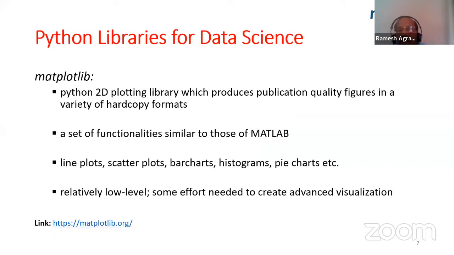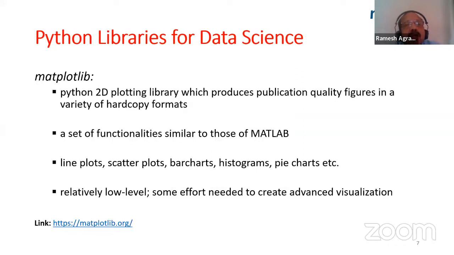So while we'll be doing experimentation and implementation, I'll be using Matplotlib also. There is one software which you talk about, MATLAB, which is a very powerful tool, and which provides different kinds of graphical features.